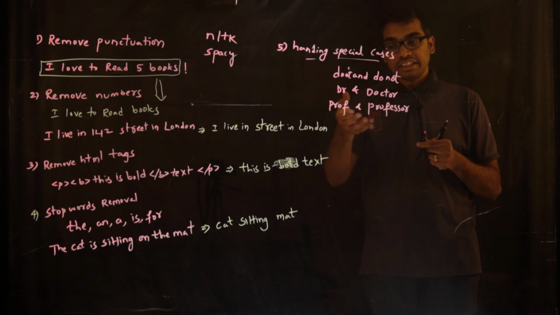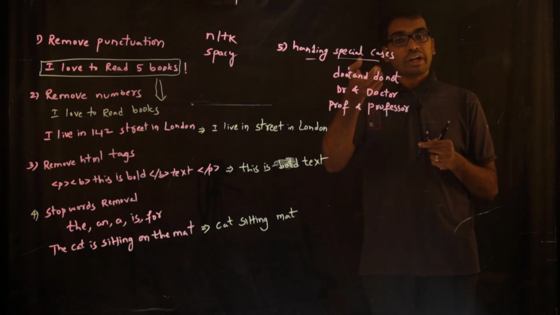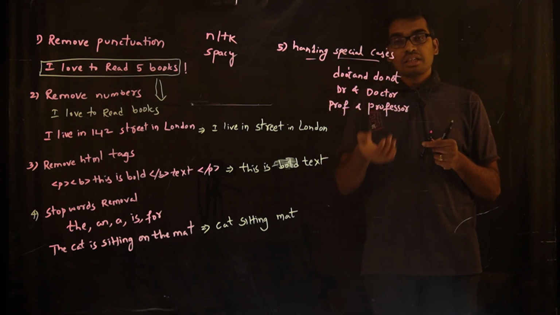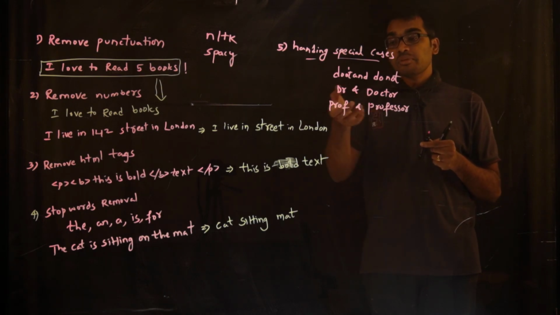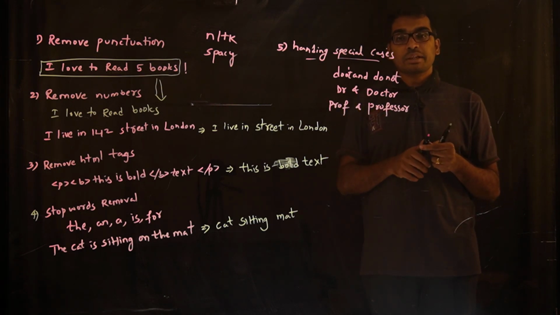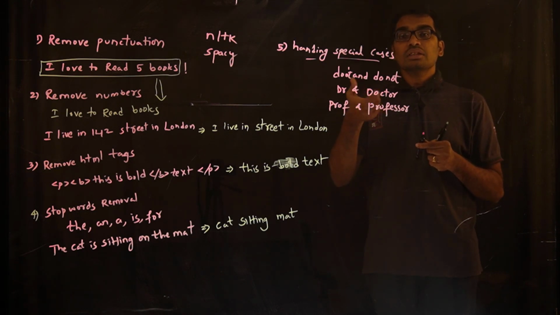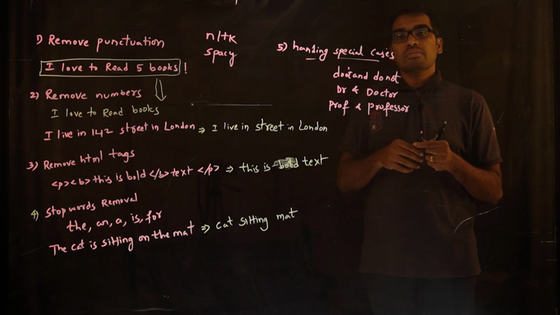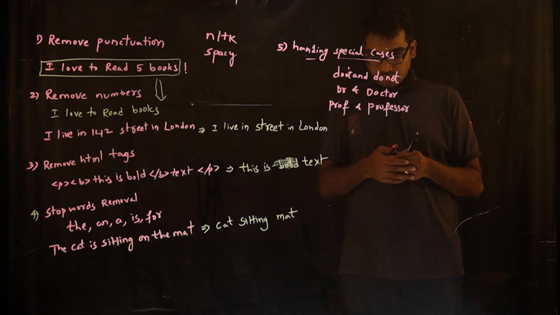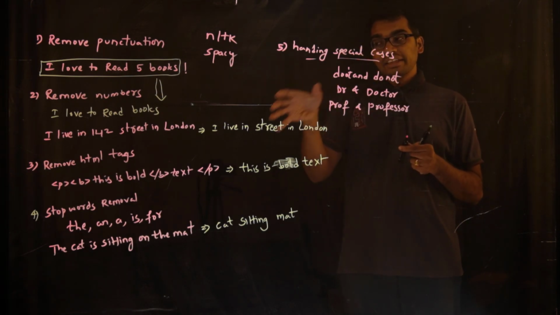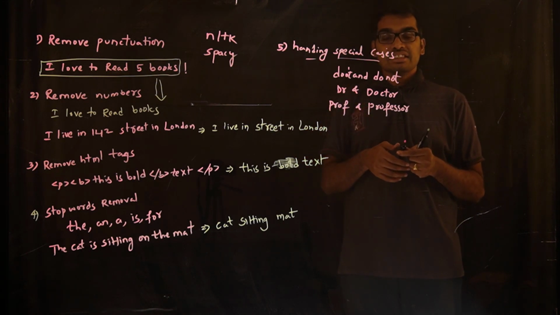Let's say in the medical domain, some people write DR for doctor, and in the teaching field, PROF is common for professor. That's the understanding that you need to gain from domain people. There are a lot like this. We will discuss them in subsequent lectures.